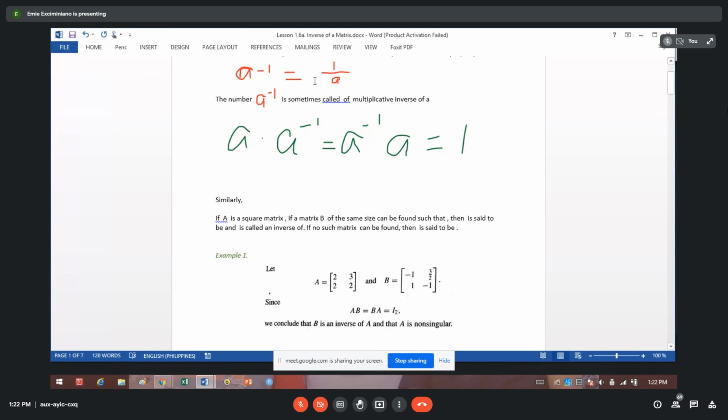of the same size can be found such that AB is equal to BA.